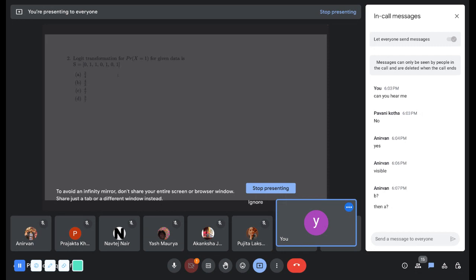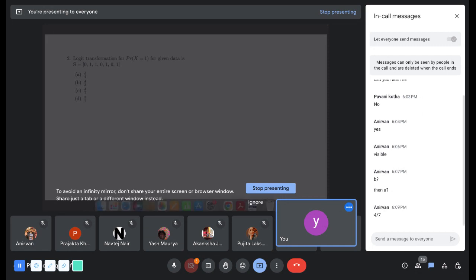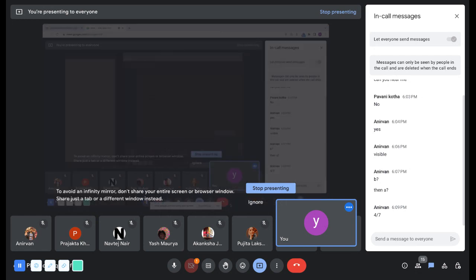So for the logit transformation we need the probability that x is equal to 1. Any guesses what the probability is that x is equal to 1 from this set? Yeah, that is 4 by 7.